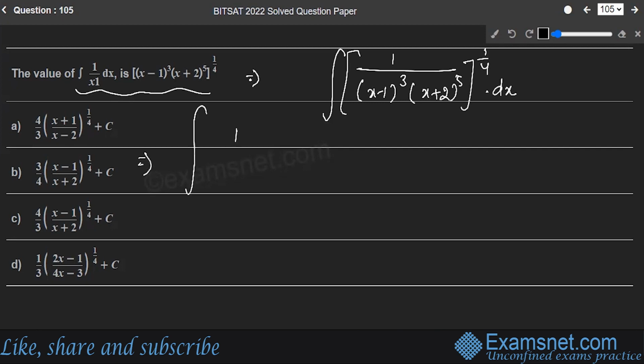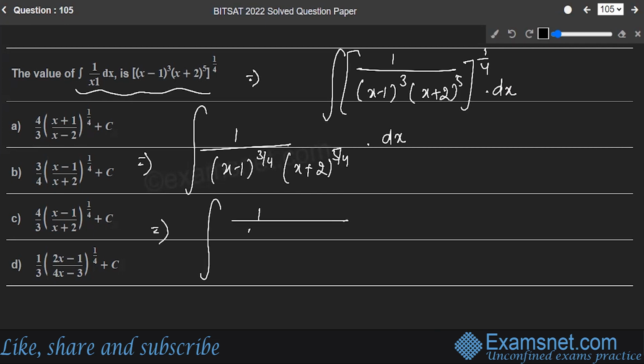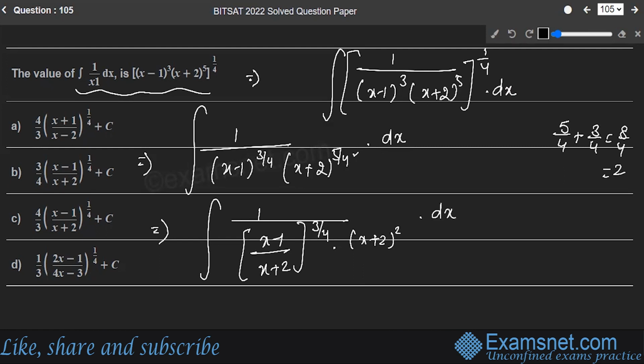So this can be written as 1 upon x minus 1 raised to power 3 by 4 into x plus 2 raised to power 5 by 4 dx. I can write it like this. x minus 1 upon x plus 2 raised to power 3 by 4. And in order to have here 5 by 4 complete, you will have 5 by 4 plus 3 by 4, this will be 2.